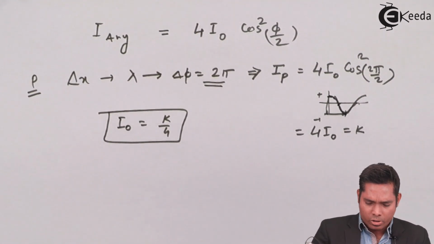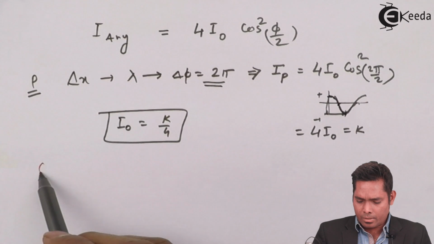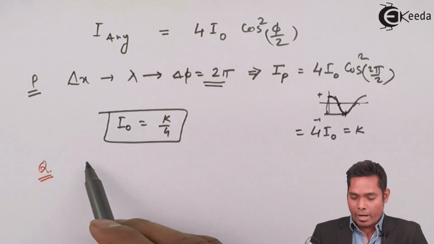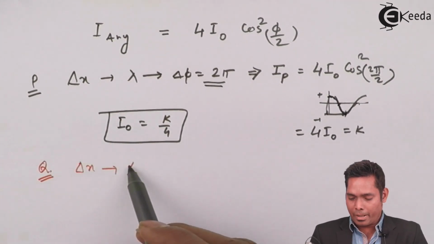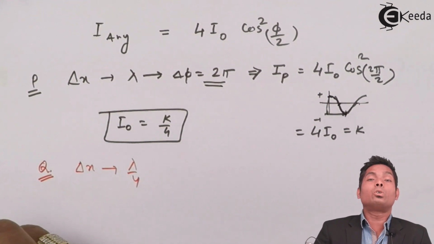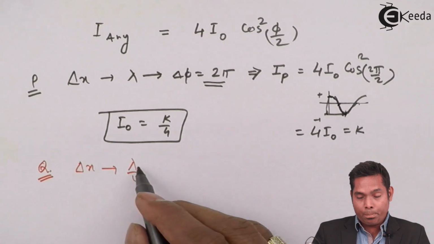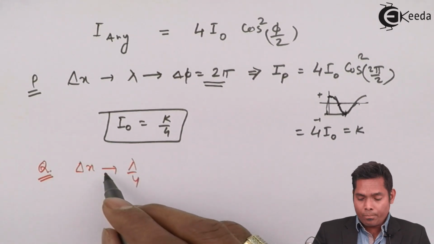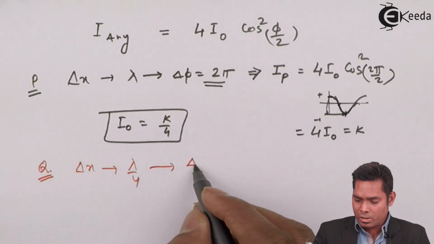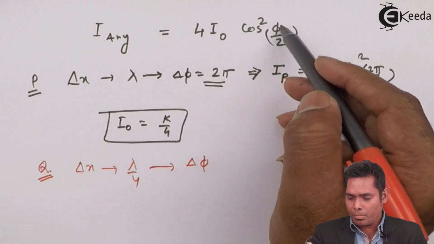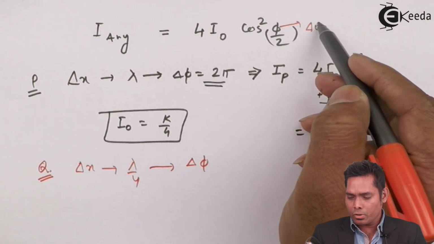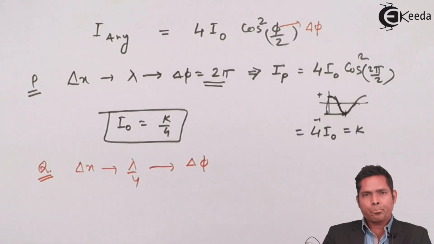Now the main question is that at point Q, where the path difference is lambda by 4, we want to find the value of intensity. If path difference is lambda by 4, then the corresponding phase difference, because this is the phase difference that you have to substitute, otherwise you cannot use this formula.